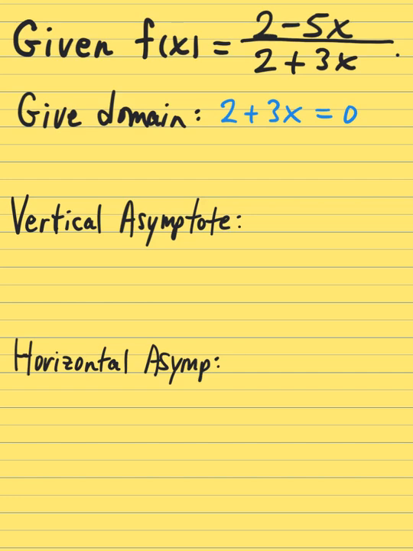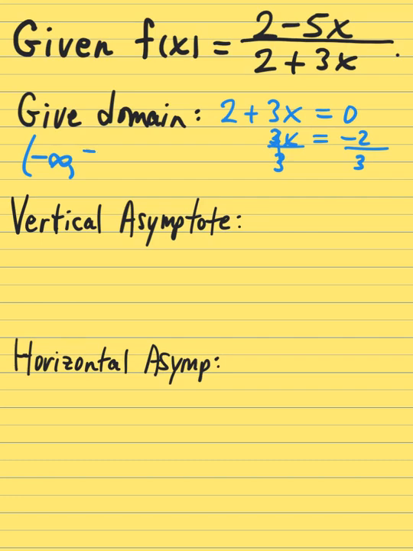Let's solve for that. Subtract 2 on both sides and divide by 3. Now, since that denominator is 0 when x is equal to negative 2/3, we're going to write that our domain is all numbers except negative 2/3.